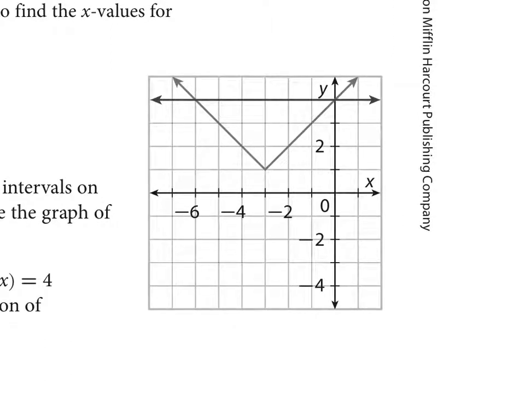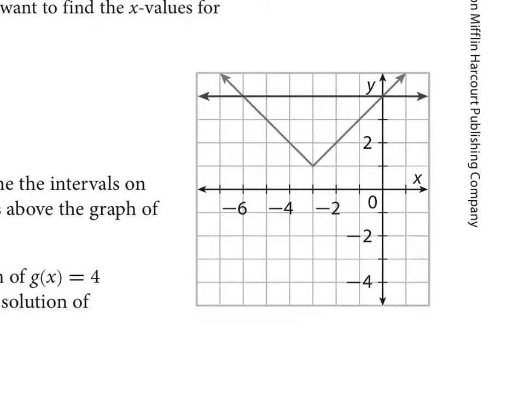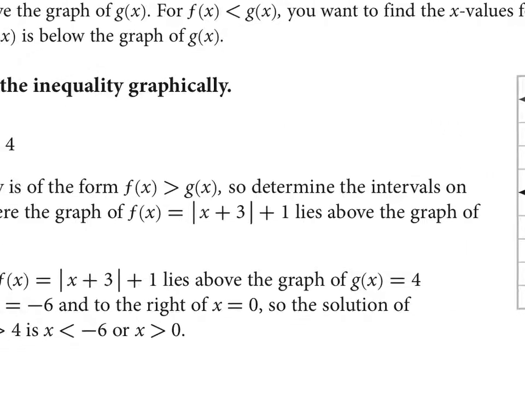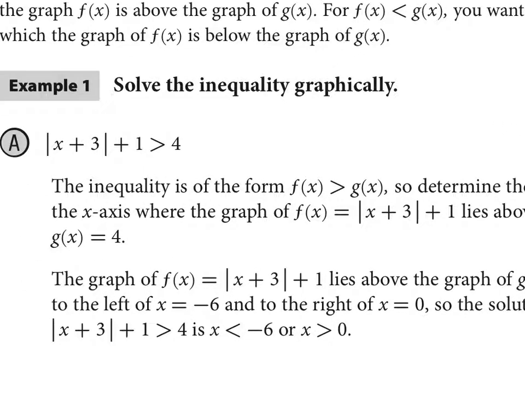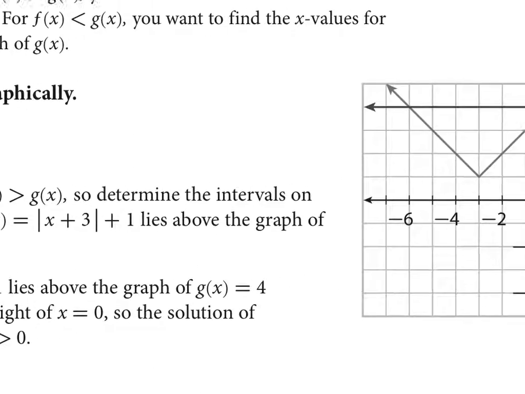In the last lesson, you were looking for those points of intersection where they were equal to each other. Well, now we're changing it to an inequality symbol, and this inequality wants to know when the left side function is greater than the right side. So when is it greater than 4?